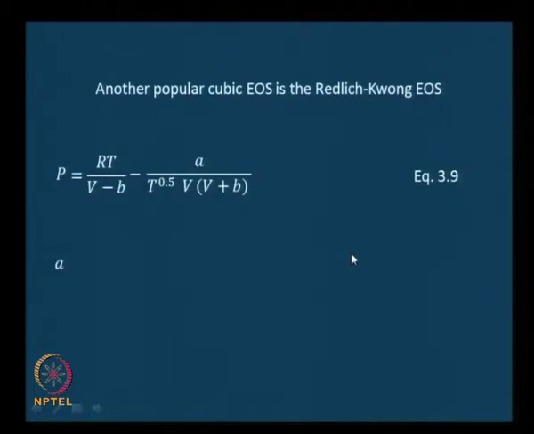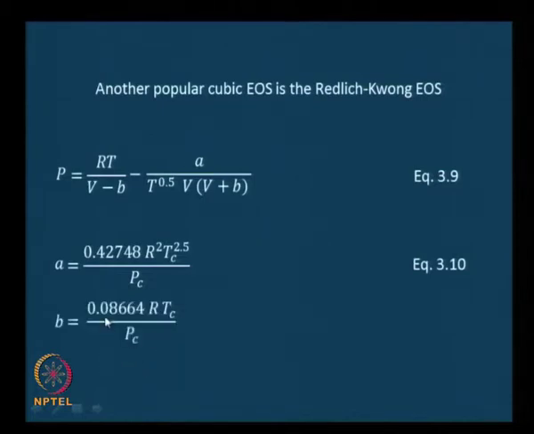And we said the A and B in the Redlich-Kwong equation of state can also be calculated from the critical properties. A is given by 0.42748 R squared Tc power 2.5 by Pc, whereas B was 0.08664 RTc by Pc.